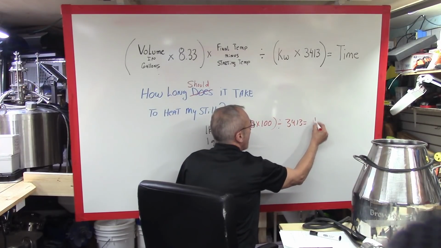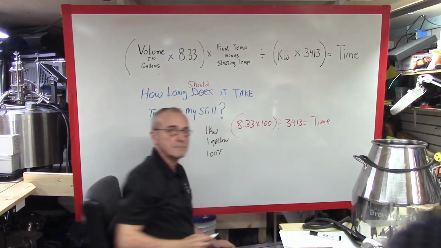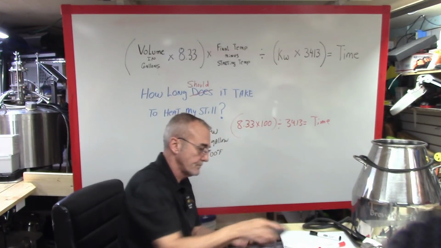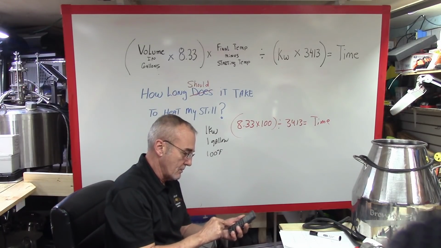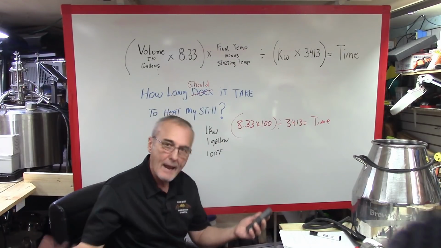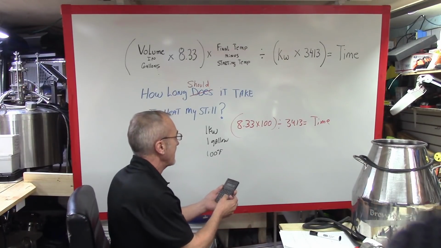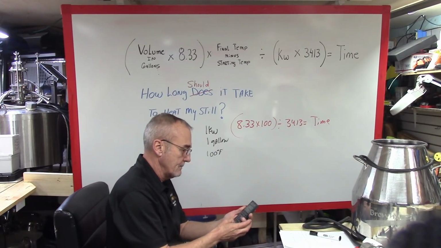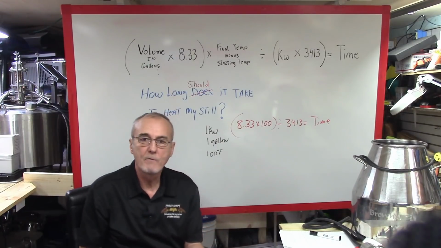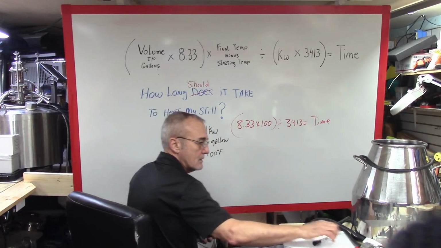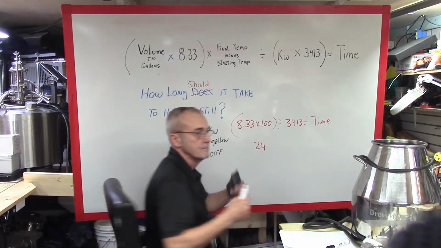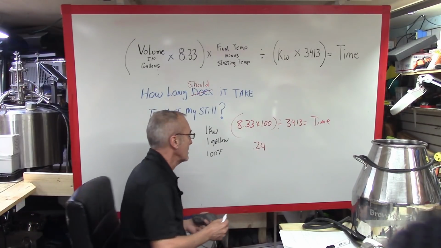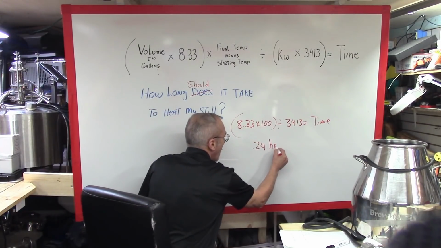And that's going to equal our time. 8.33 times 100 equals 833. Divide that by 3413 equals 0.244. I'll just round it down in this particular case to 0.24. So it takes 0.24 hours.